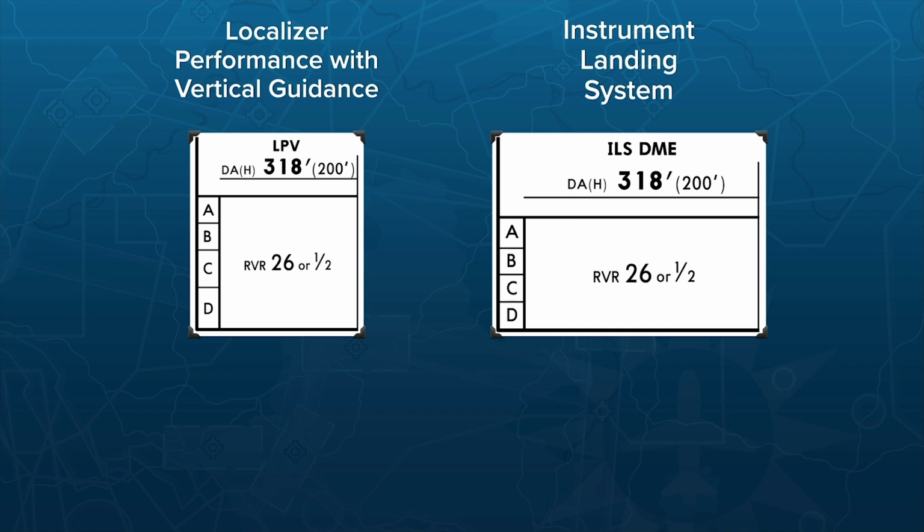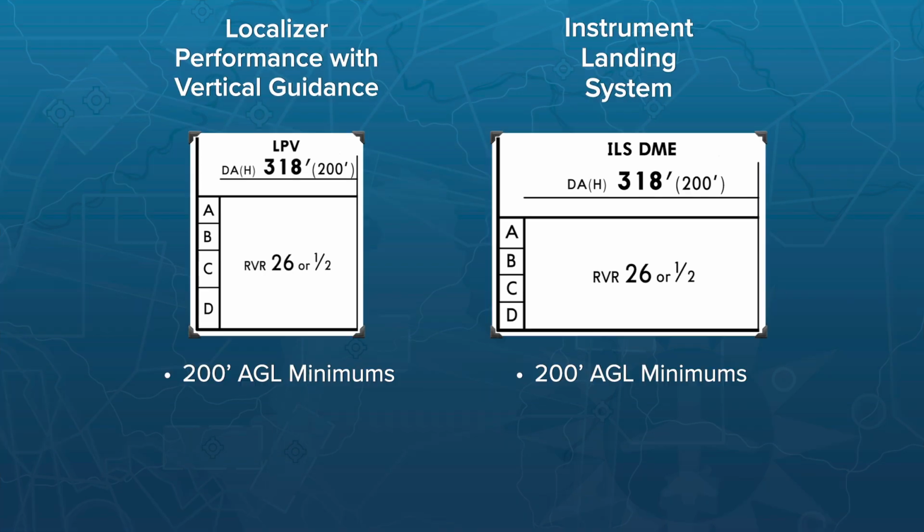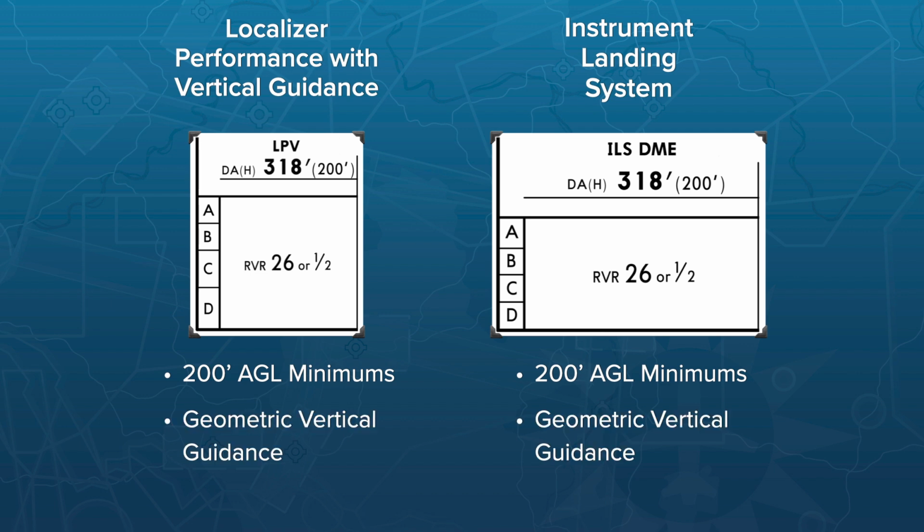So here we go on the left, zoomed in kind of on the minimums. The LPV approach and the ILS here both have the same 200-foot AGL minimums. You can see that. They also both provide geometric vertical guidance.